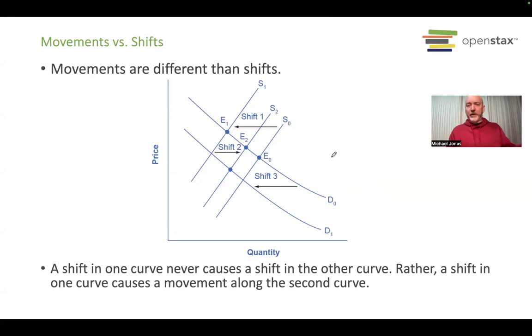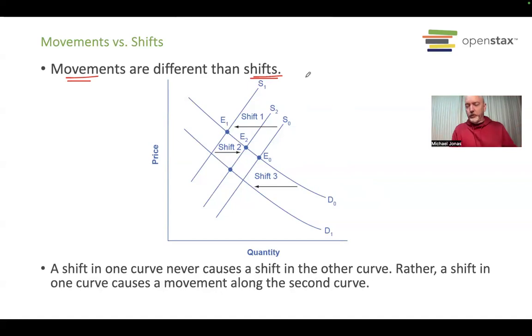In fact, that's how we can think about how we would trace out a demand curve. It would be reacting to multiple supply curves. How would we track out a supply curve? We'd be reacting to multiple demand curves. And this is really a reminder about being careful with our vocabulary, talking about movements along a curve versus a shift of a curve.